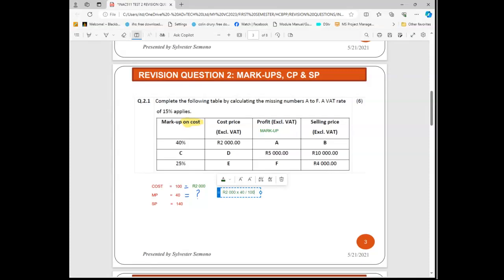If this 2000 was here in line with 140, you were supposed to divide by 140. So you always divide by the percentage where you put the amount given. I don't know if it makes sense. So you're saying where the question mark is, that's where you put the amount given.